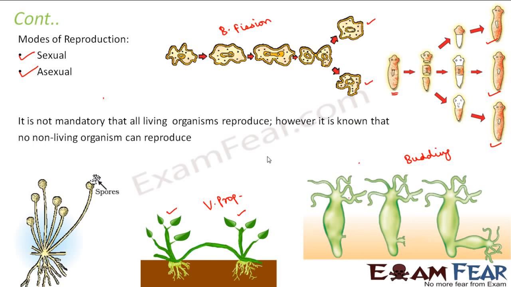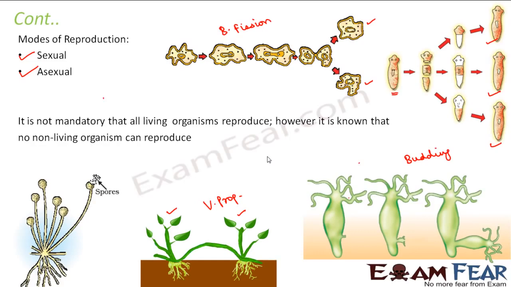For example, you would have seen that there are many human couples who do not have a child. There might be some disorders in either of the partners, because of which they are not capable of giving birth to a new organism. Similarly, there are many other living organisms who, because of some disorder, cannot reproduce. That doesn't mean that they are not living.